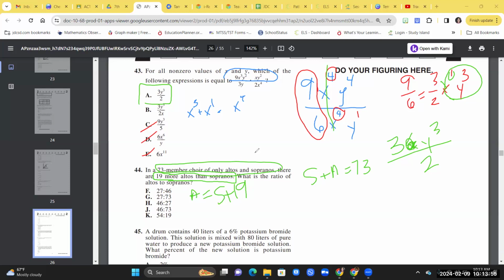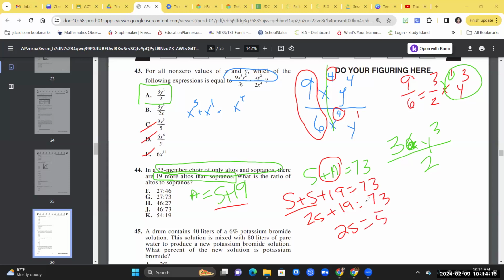We're going to sub this equation into this equation for A. So now we got s plus s plus 19 equals 73. That gives us 2s plus 19 equals 73. Subtract 19 on both sides. 2s equals 54. Divide by 2 on both sides. s is equal to 27.